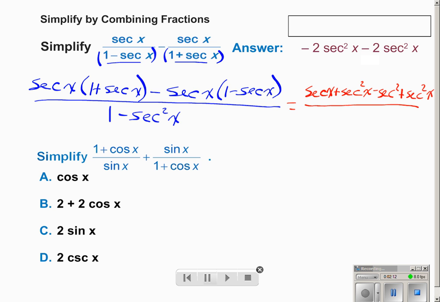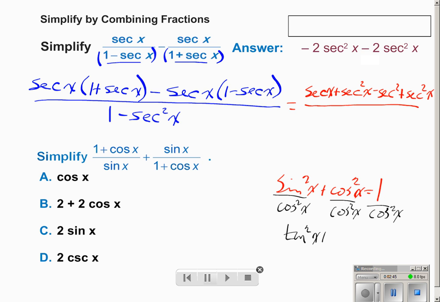So I'm going to go back to my basic Pythagorean identity of sine squared of x plus cosine squared of x equals 1. Knowing that I want a secant squared in this, and secant is 1 over cosine, I'm going to divide everything by cosine squared. And that's going to give me tangent squared x plus 1 equals secant squared x.